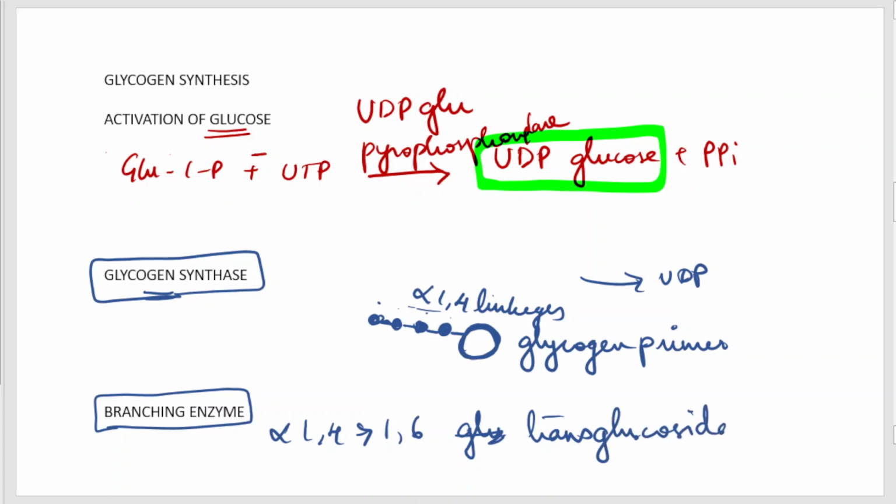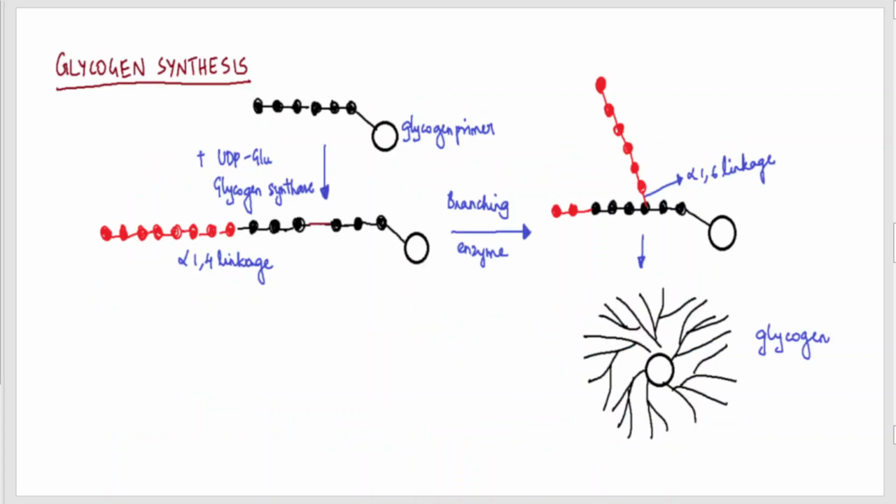So look at this. What does the branching enzyme do here? Initially, the glucose residues are added one after the other in a linear fashion.